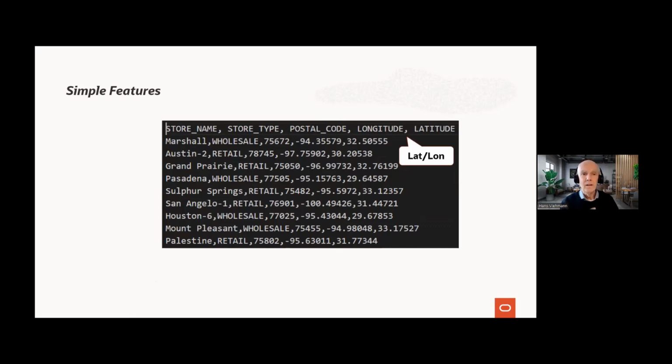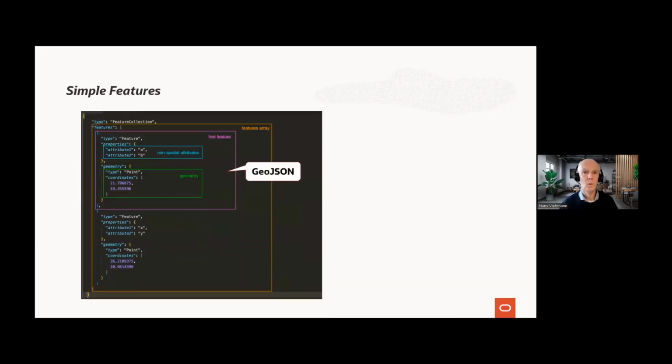Now, besides this sort of very rudimentary type of storage for points only, there's more things which we can do in the database. And one way of storing and managing and also exchanging data these days is to use JSON, or in this case, GeoJSON for that purpose, which is of course a great fit with the JSON features of the database. And Ramu will demo that in just a moment.